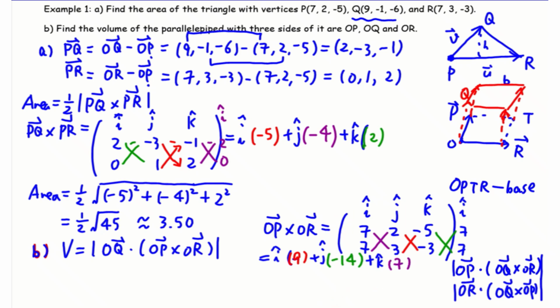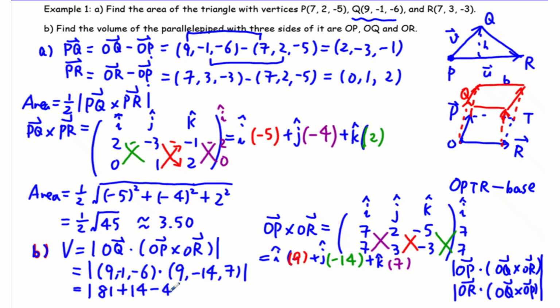Then we are going to write here the magnitude: OQ is just the Q XYZ coordinate dot product with this one, 9, -14, 7. So just x times x, y times y, z times z gives us 81. -1 times -14 is +14. -6 times 7 is -42.